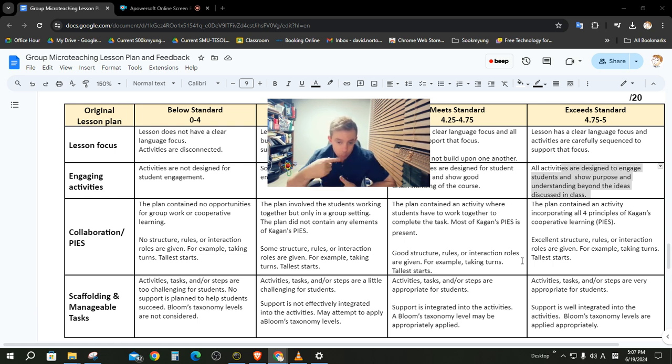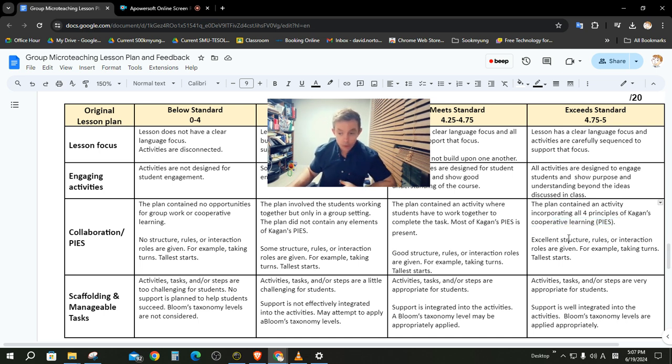The second time we meet on Thursday, we're going to talk a lot about cooperative learning, which is related to the next part, PIES. All right. So, are you trying to incorporate PIES or some other cooperative learning techniques, some other cooperative learning principles?